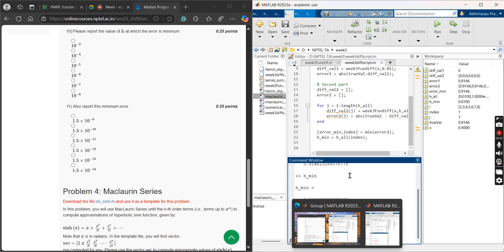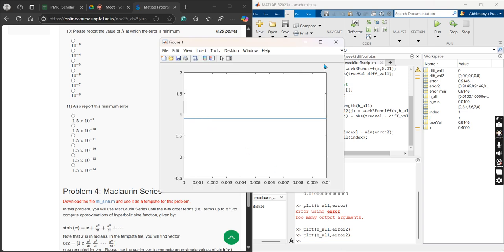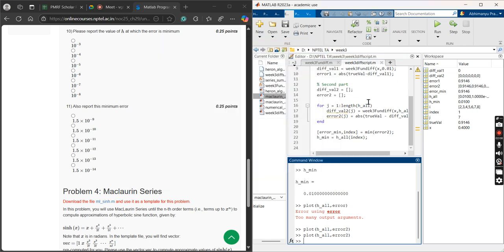There are a lot of plots. Okay, so something is error 2.